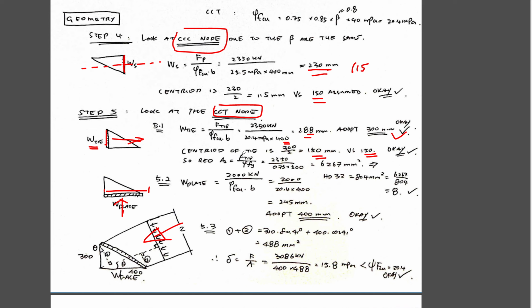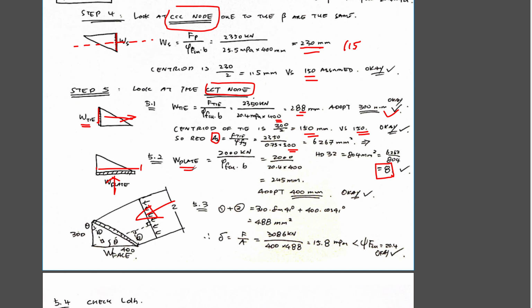Then we can work out the required area of reinforcement, which is the tie force divided by the stress of the reinforcing bar. We're using 500 MPa, and that gives our required area of reinforcing. I'm using 32 diameter bars, and it eventually ended up with 8 HD 32 bars. But let's look at how we place the bars later on.